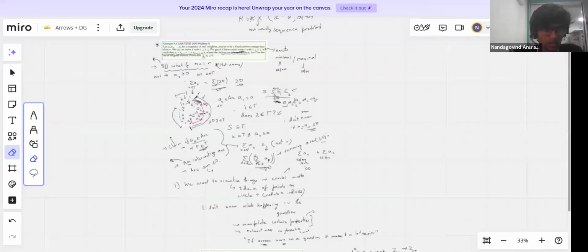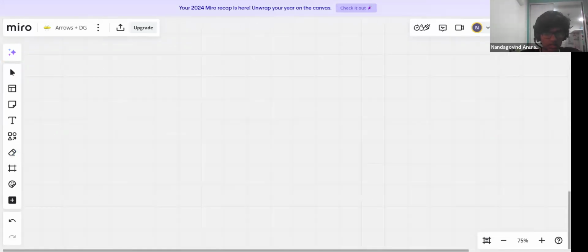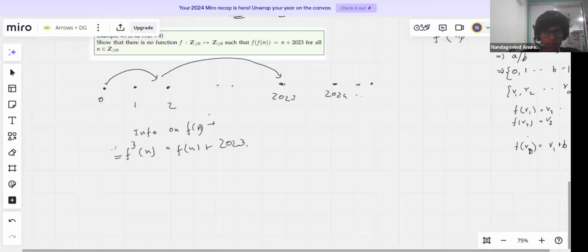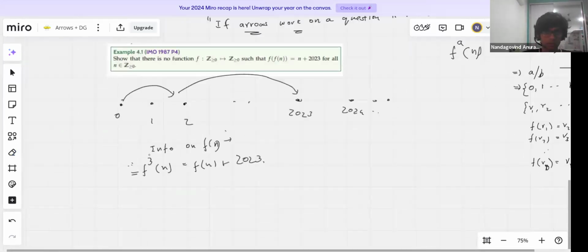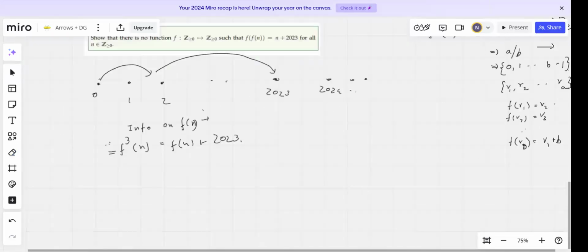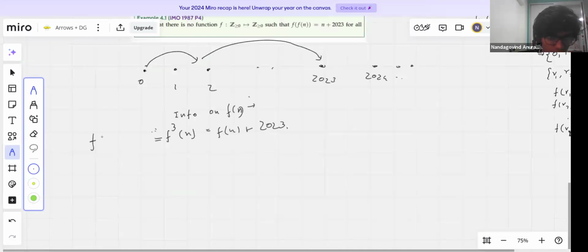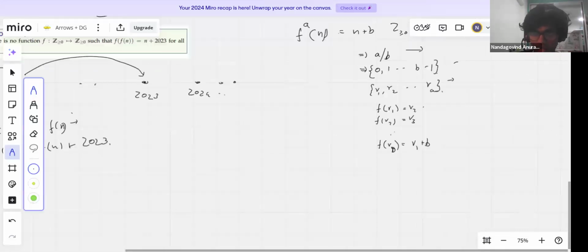Wait. Oops. Have any of you got what this thing is? f3 of n, some other way to represent f of n plus 2023? Yes. Okay. n plus 2023 is this thing. Just give me a second.